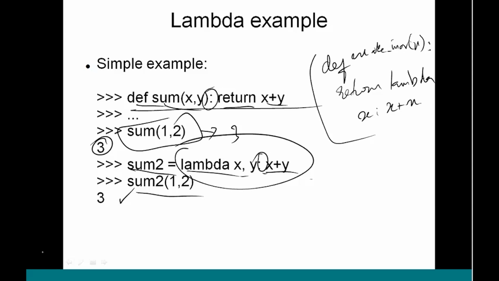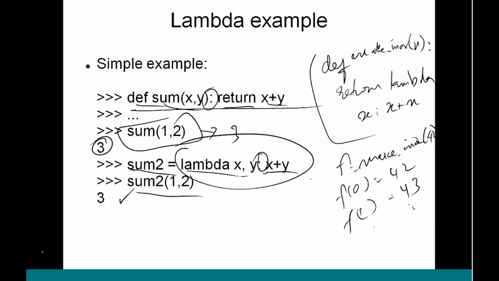If you define a function like this, then you can say f equal to make_incrementer(42), and then f(0) will become 42 and f(1) is 43, etc. So you can call it this kind of a lambda function.